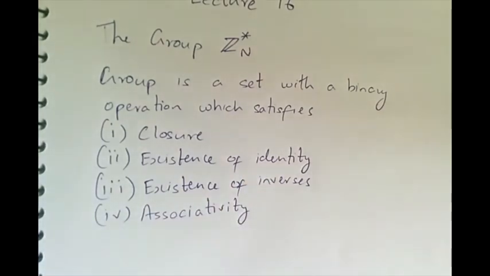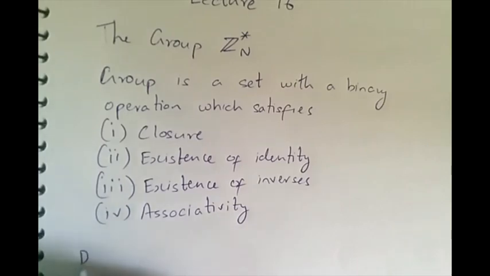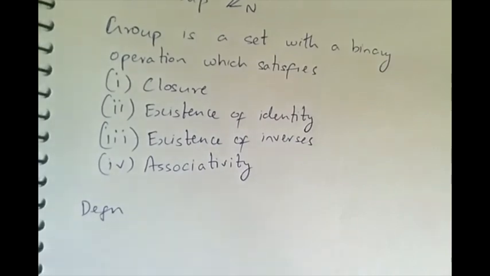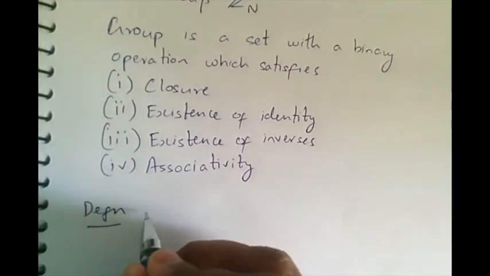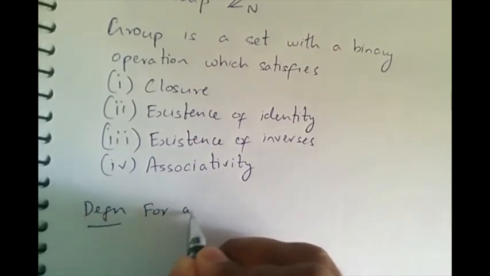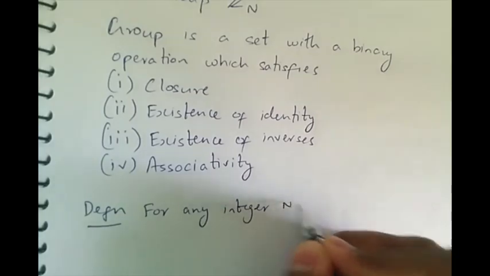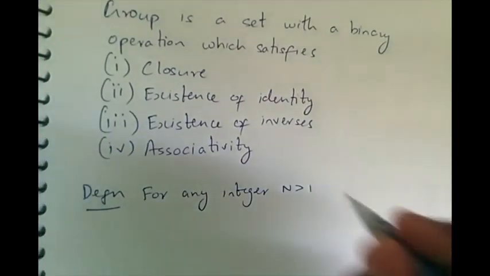So let's define the group Zn star. We'll define the set and the binary operation and prove that it is in fact a group. So the definition is: you take an integer n greater than 1. We define Zn star as follows.